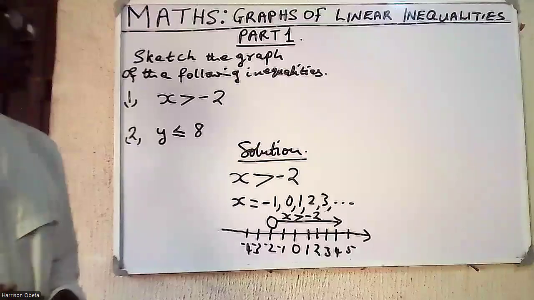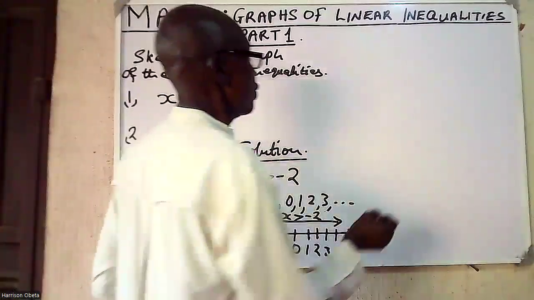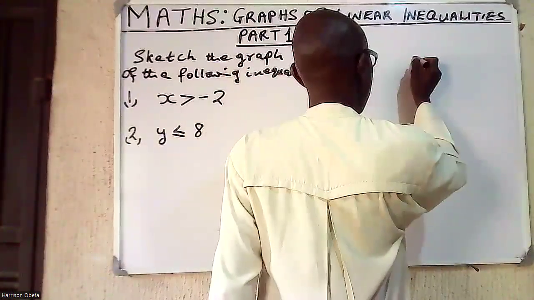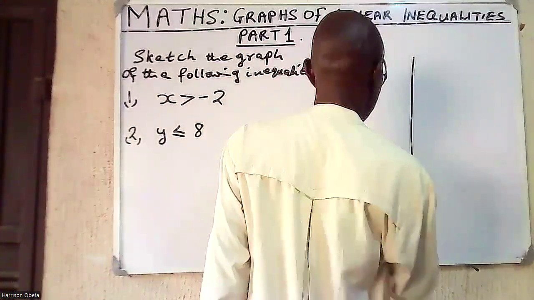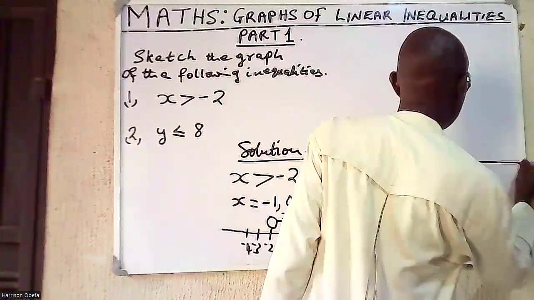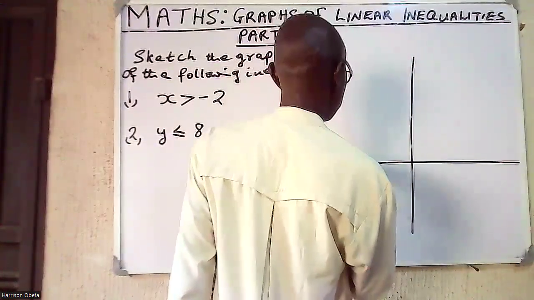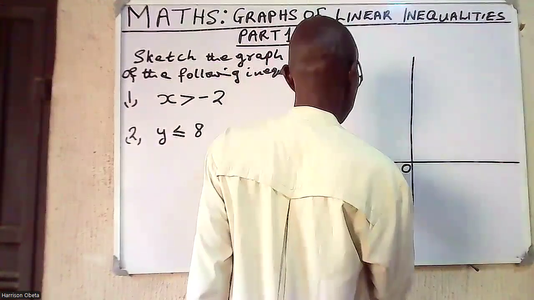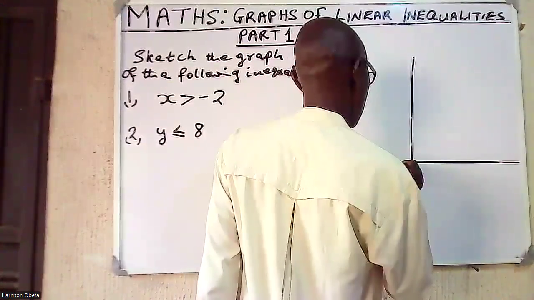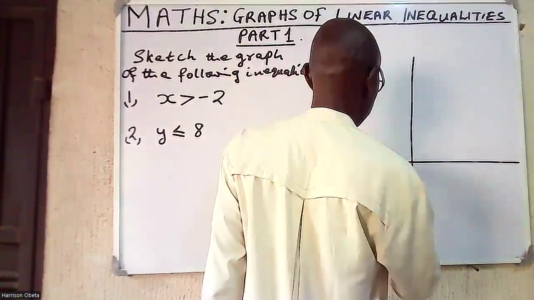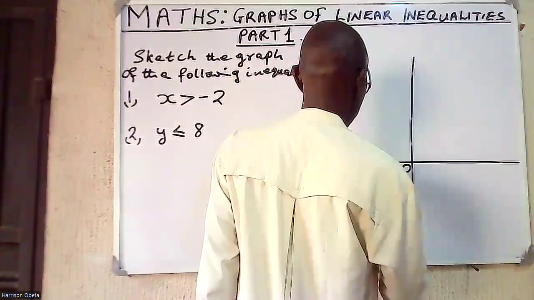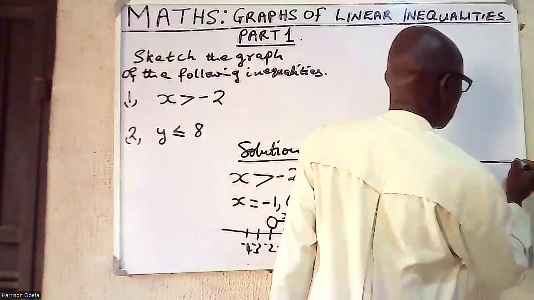But for us to plot it on a graph, we indicate by having our x and y axis. Okay, this is our 0. This is 1, -1, -2, -3, and so on.